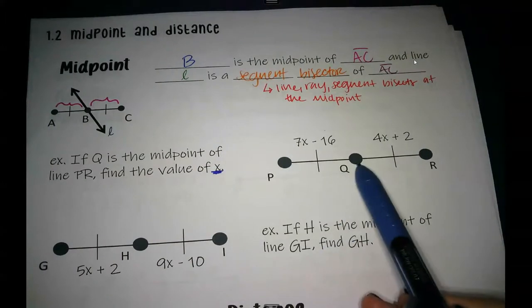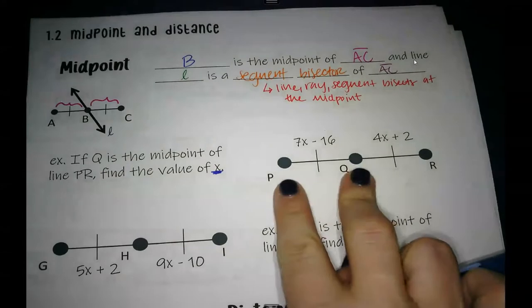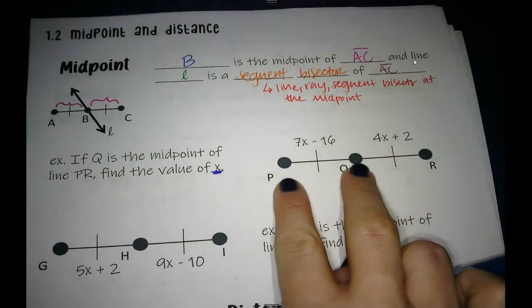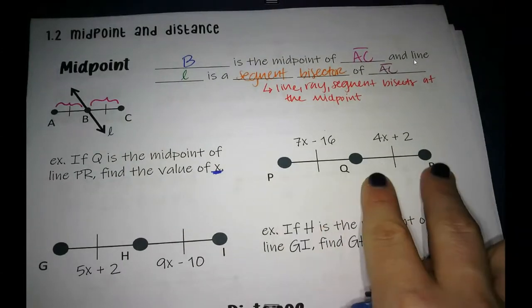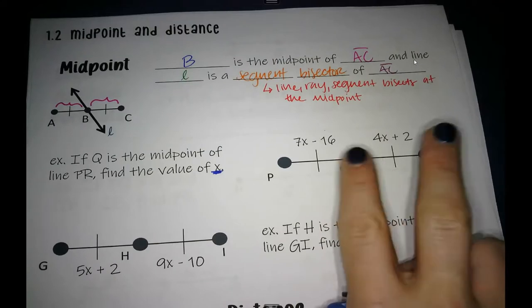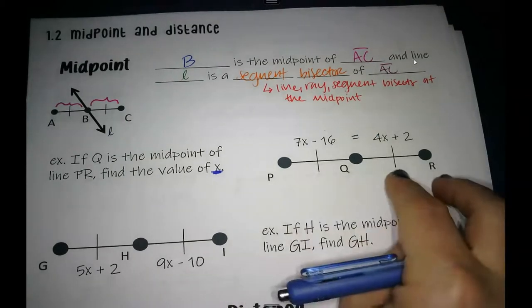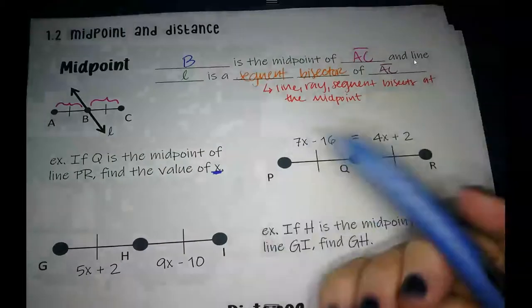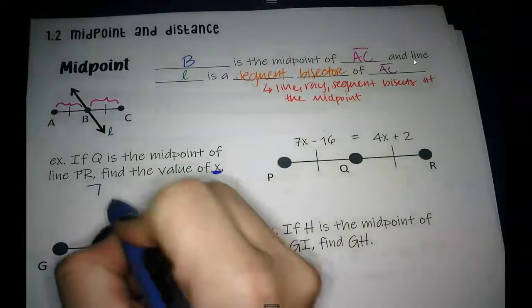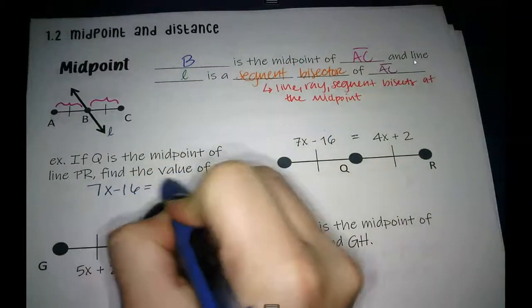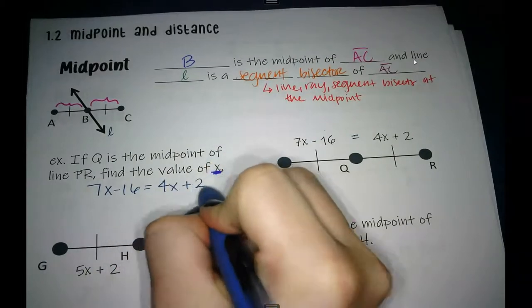So if Q is our midpoint, then that means that this side is the exact same measurement as this side. And so whenever that happens, we say that they are equal. So this equals this. And remember my algebra. If this is an area you need to review, just let me know.